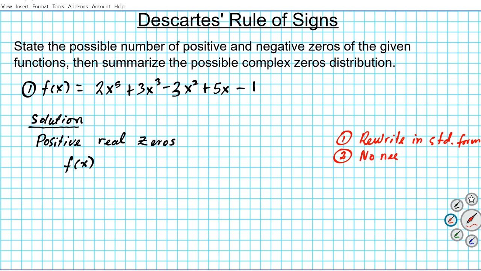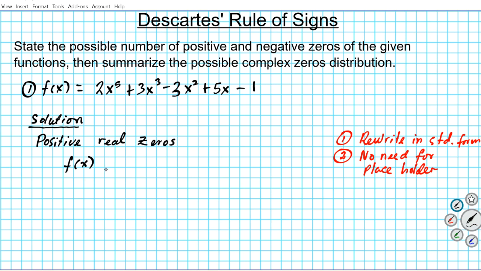So if you're missing a degree term, you do not need to insert a placeholder for that. So let's say you were working on synthetic division or long division, then you have to insert placeholders after placing it in standard form. But when we are working on Descartes' rule of signs, you do not need placeholders.